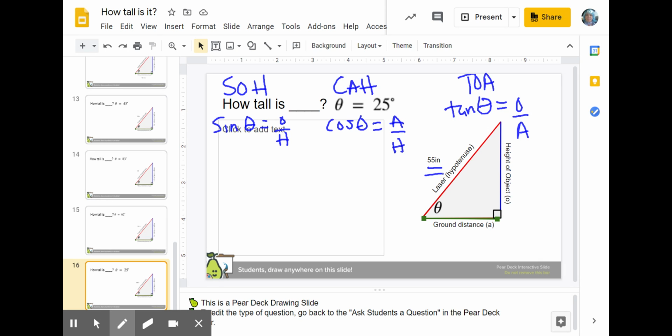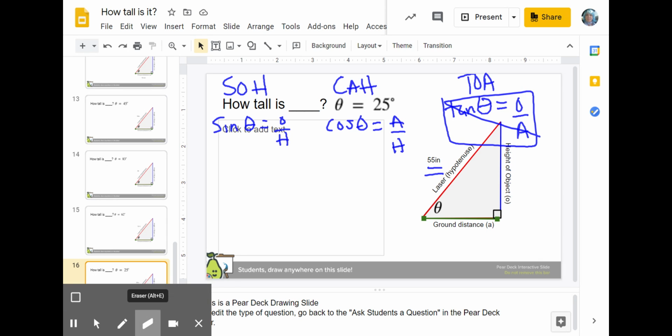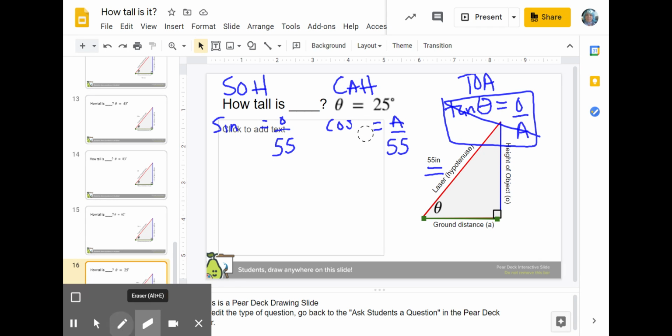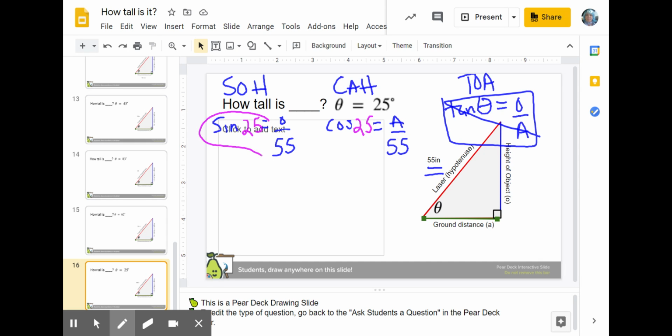We're given the hypotenuse, so we can't use this one. I can replace my H with a 55, and replace my angle with a 25. I don't have anything in the denominator, so I'm just going to multiply.